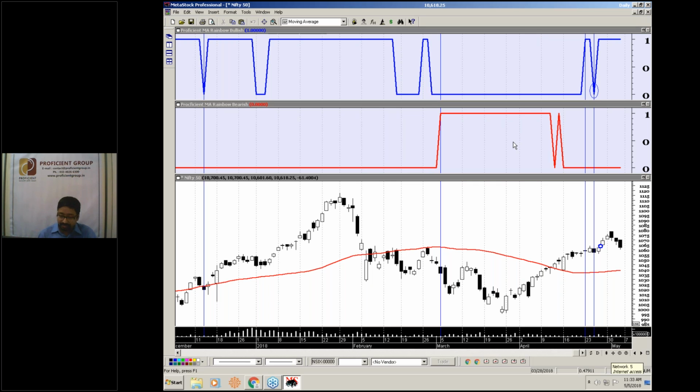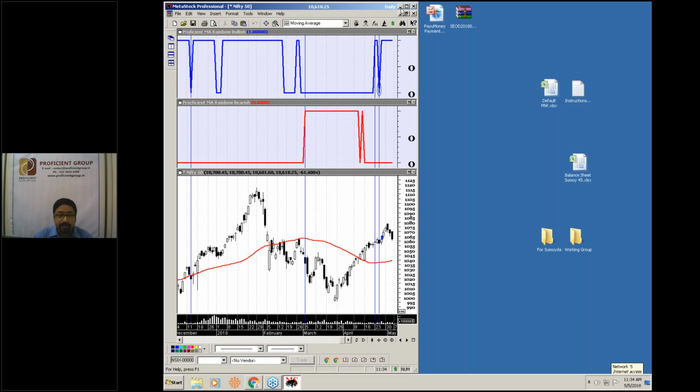But right now in this presentation, we will concentrate on the triple screen trading system and how we can work out a trading strategy, how we can find good stocks that qualify according to the triple screen trading system, and we are going to find this from moving averages. For that, we are going to create a new exploration, and right now I'm showing you one such exploration.